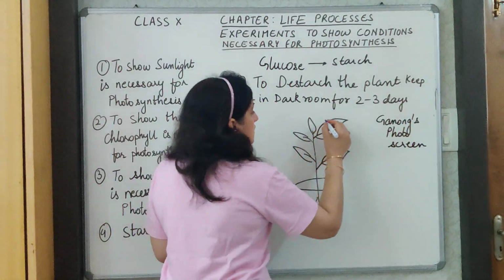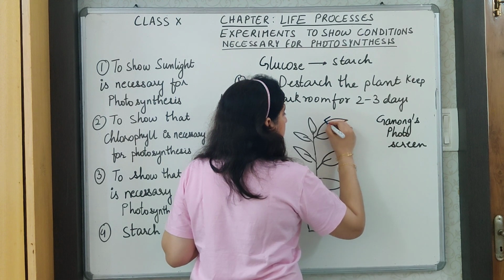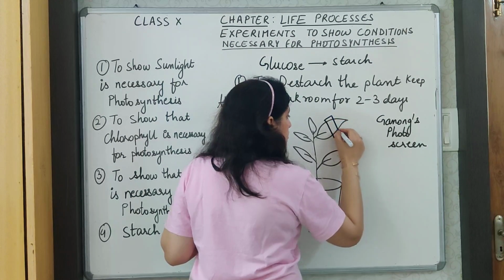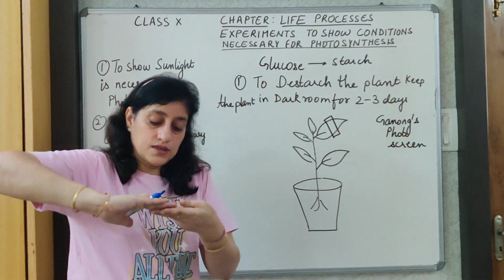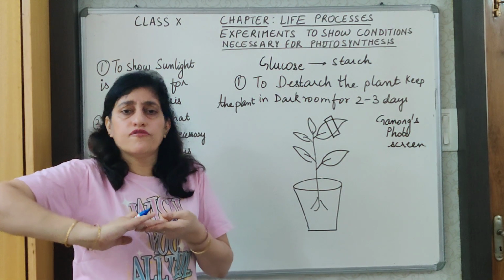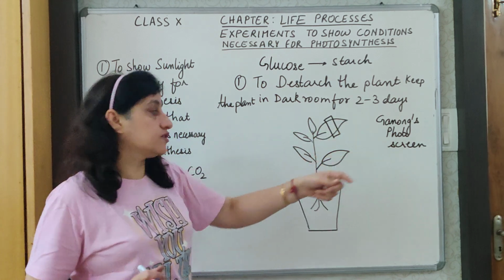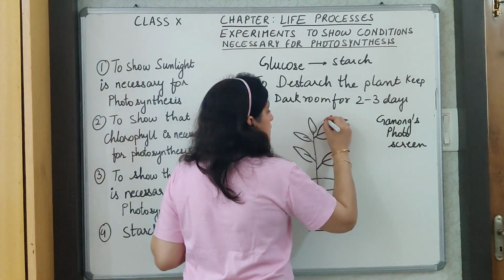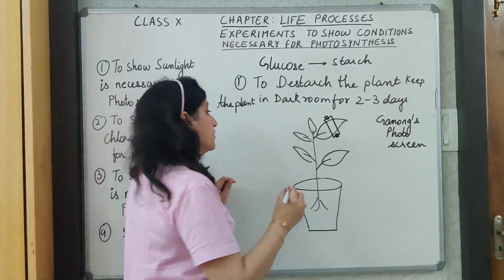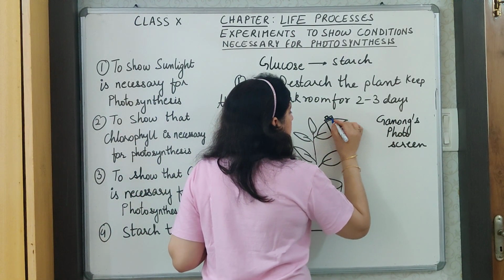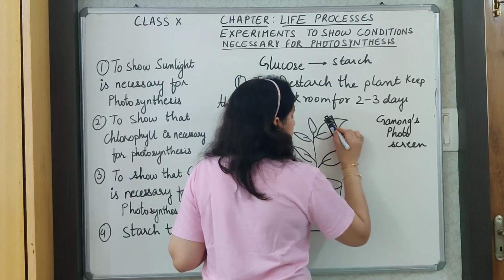So here I am taking a silver foil and we take a small strip and we cover the upper surface and the lower surface with the silver foil or black chart paper or this Ganong's photo screen, and we put clips on both the sides so that this does not move. This entire thing is now not getting any light.